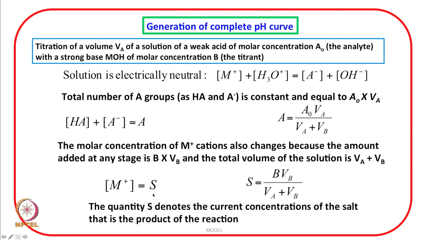You are titrating a weak acid with a strong base. So, A minus will come from the acid and M plus will come from the base, and will form a salt MA, and S denotes the concentration of that salt formed, which is the product of the reaction. All right.